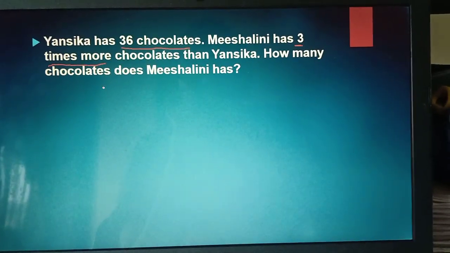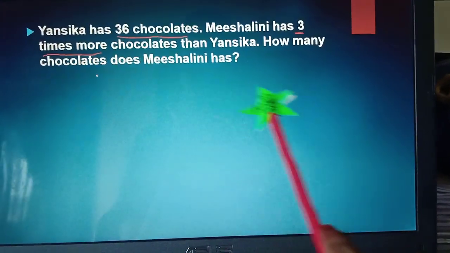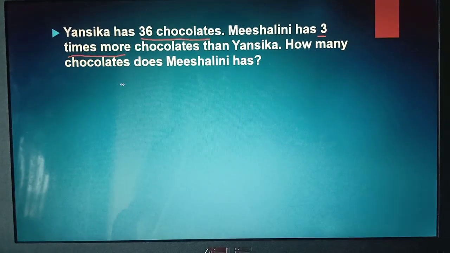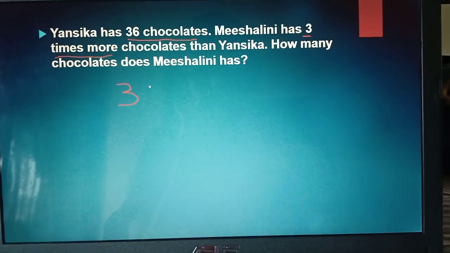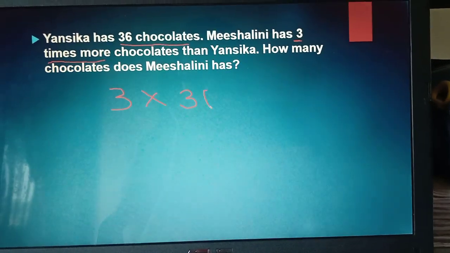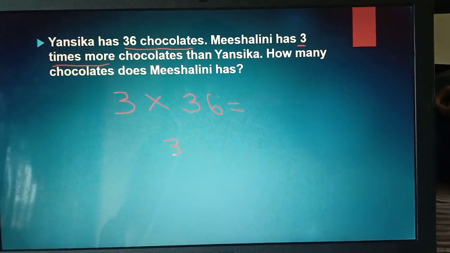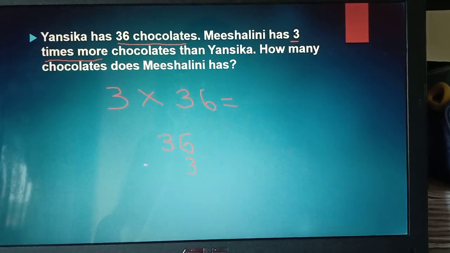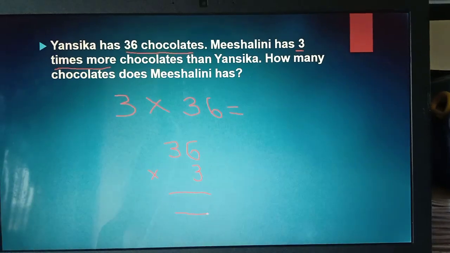It means Mishalni has 36, 36, 36. 3 times 36. See, when teacher says 3 times 36, you already know what we must use. Times, isn't it? 3 times 36 equals. Same here, you can write the bigger number up, the smaller one down. Times, and you can find the answer.